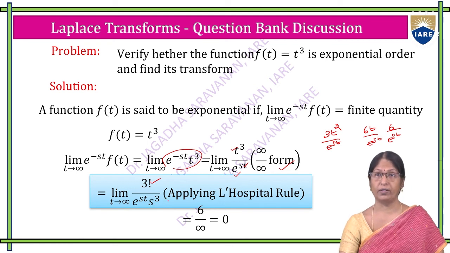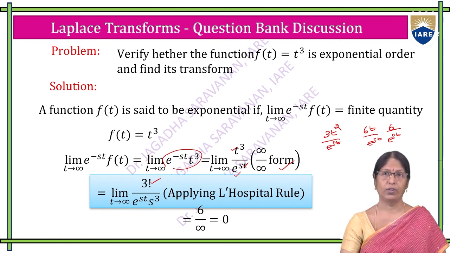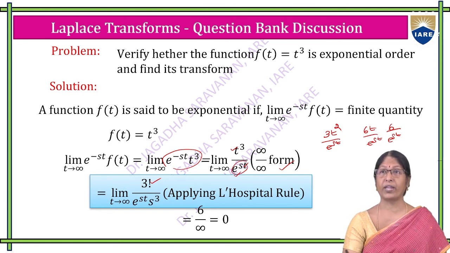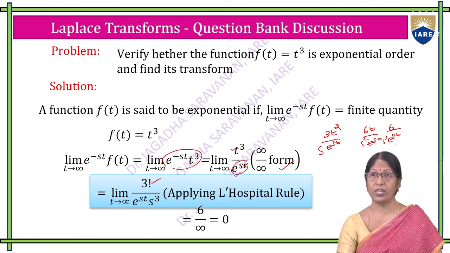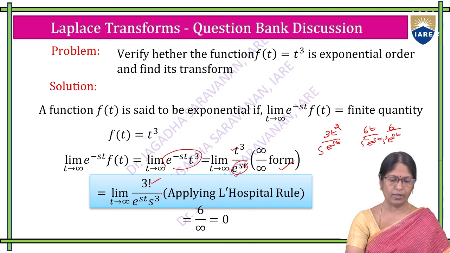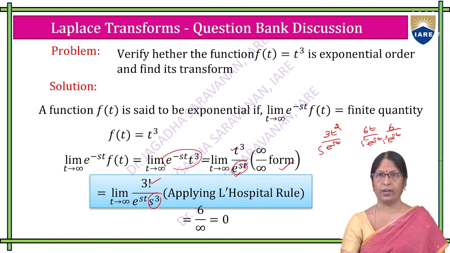We are applying the L'Hospital rule. When differentiating e power st, the coefficient comes the first time, the second time s square, and the third time s cube, because the coefficient of t should be multiplied. That's why s cube occurs here.